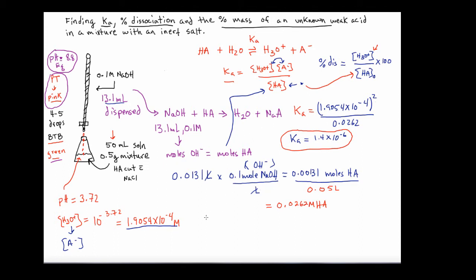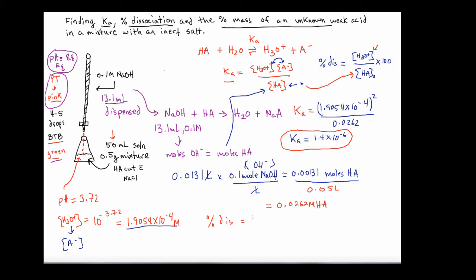So now what I'm going to do is grab the percent dissociation. I'm going to put that down here. Now, this is a weak acid, so we expect the level of ionization to be small, so we better get a small number out of this.